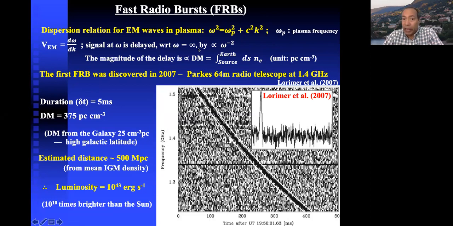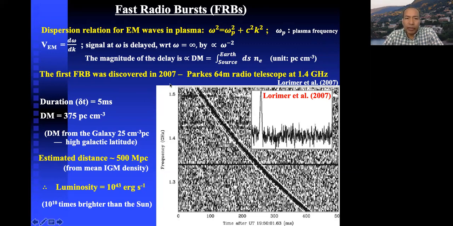That delay in time with respect to infinite frequency is proportional to 1 over frequency squared. The magnitude of the delay is proportional to the so-called DM, for dispersion measure, and that's just the integral of electron density between the source and us. So it's the column density of electrons between the source and us.